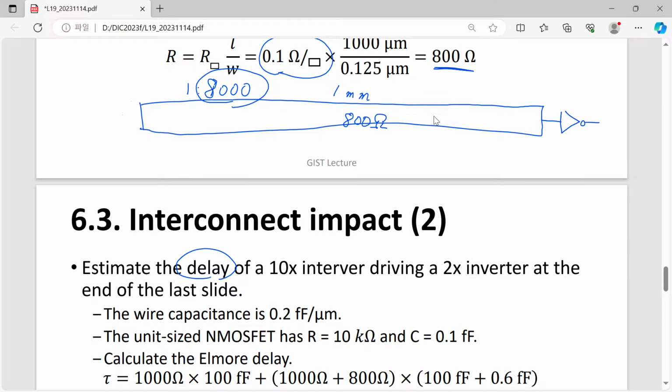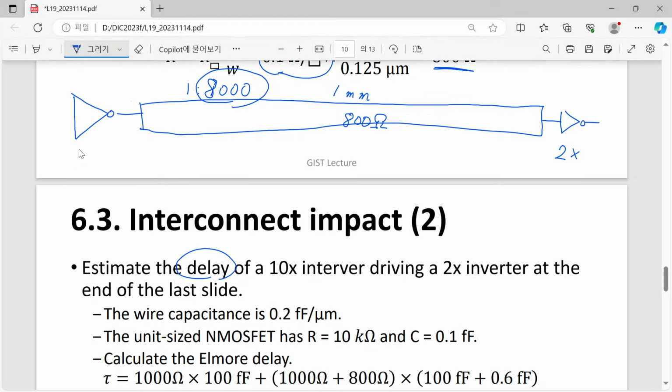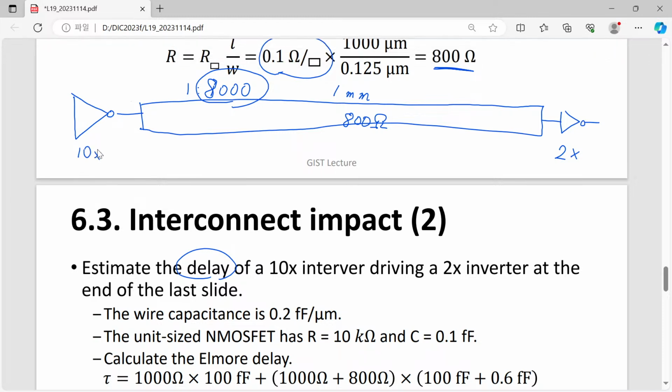In order to drive this small inverter, we introduce a relatively strong one, which is 10 times a unit inverter.